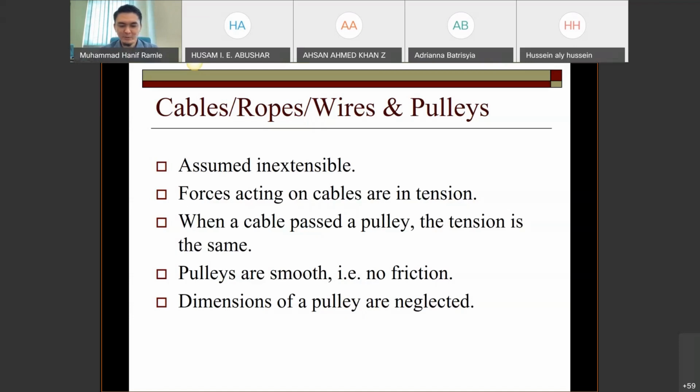Okay, cables, ropes, wires, and pulleys. The first sentence there: in this syllabus, we assume the cable or rope or wire to be inextensible. In a real situation, you know that the cable can be extended, like this rubber.